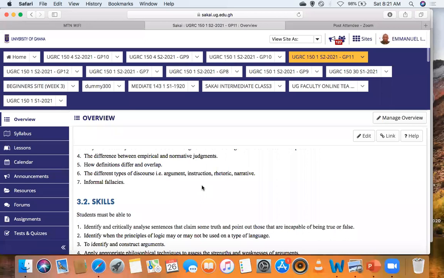And so we have both formal and informal fallacies. When we are studying different types of argument, we will see formal fallacies when we are studying deductive reasoning. Then in the last week of the semester, we will study the informal fallacies.